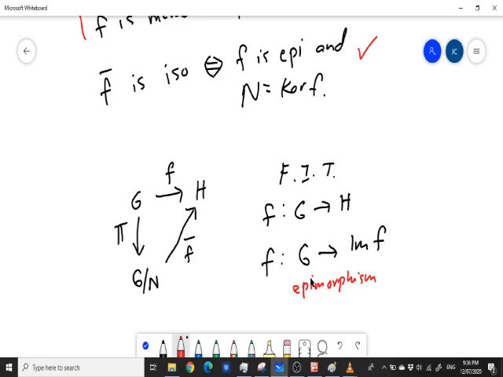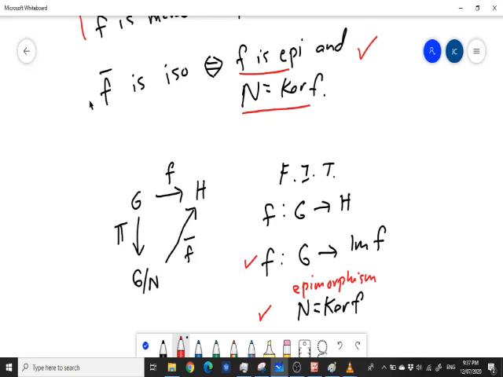And then, if we take our normal subgroup to be the kernel of f, then we have a function that is epi, and we have n equals the kernel of f.